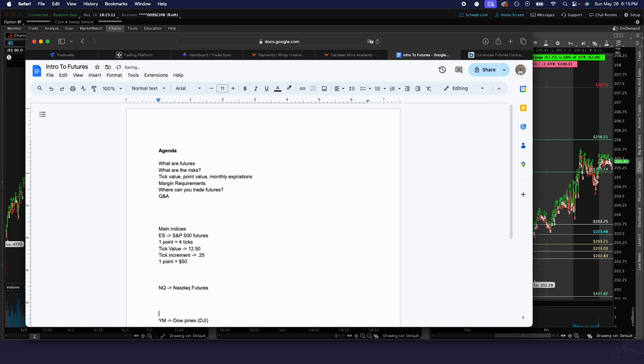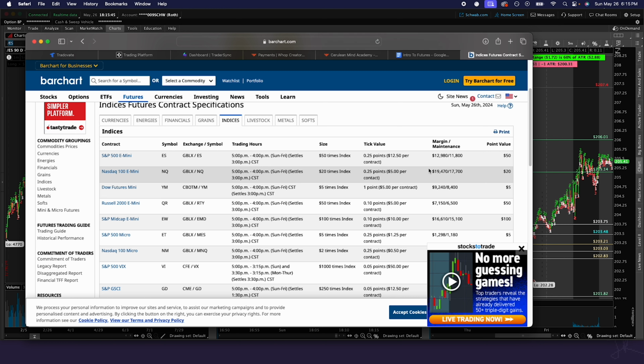There's 4 ticks in 1 point of NQ, and you make $5 per tick and 20 bucks per point. Now, even though the point value is less than ES, NQ is a lot more volatile in my experience. So ES moves relatively slow, NQ moves pretty fast.